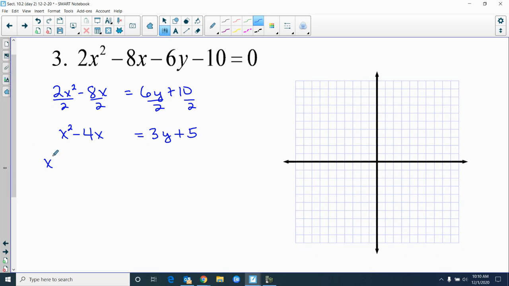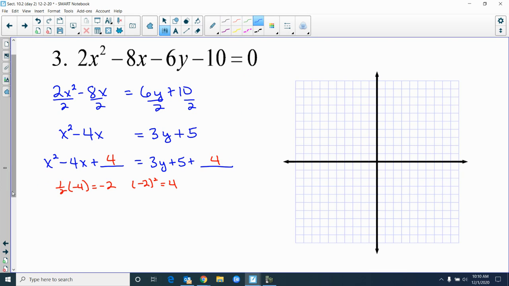Now, and only when there's no coefficient in front of there, only then can you complete the square. Now remember, you take half the coefficient. 1/2 of -4 is -2. You take that and you square it. And that's where we get this 4 and we get this 4.